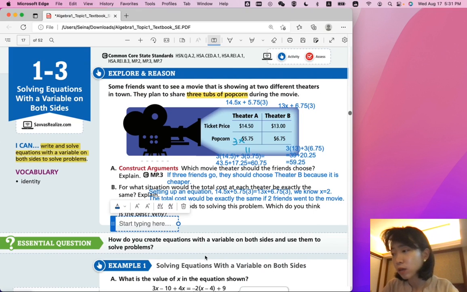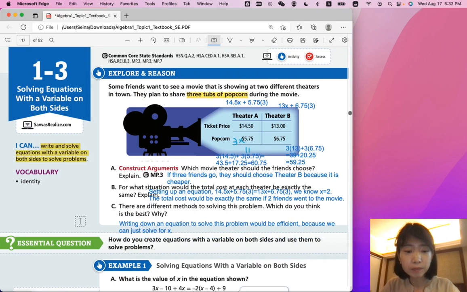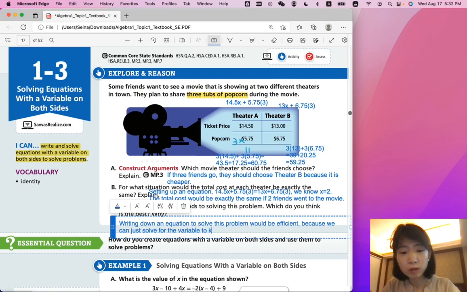So we can say writing down an equation to solve this problem would be efficient because we can just solve for x or for the variable to know how many people would make the prices equal.